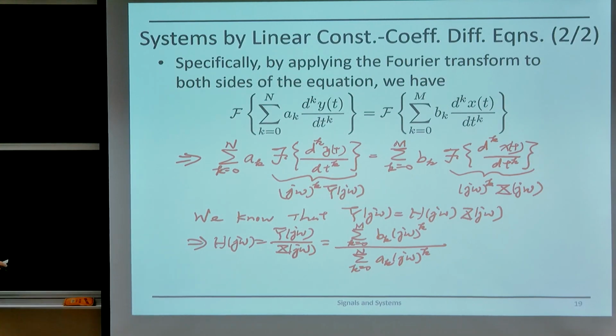If you use the differentiation and the convolution property, by the differentiation property, you can write the Fourier transform of the differential equation as a polynomial of j omega times Y and a polynomial of j omega times X. Then just by taking the ratio of Y over X, you can find H, which you can further take the inverse Fourier transform of to obtain the impulse response.